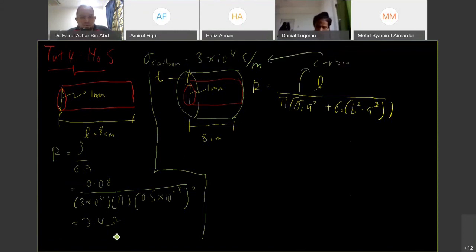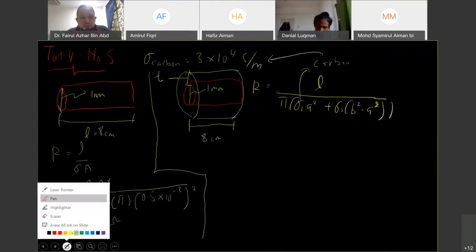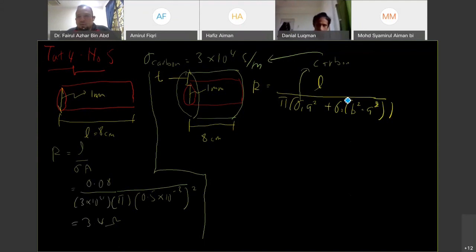Sigma 2 is the conductivity of copper. If we refer to the appendix, the conductivity of copper is 5.8 times 10 to the power of 7.